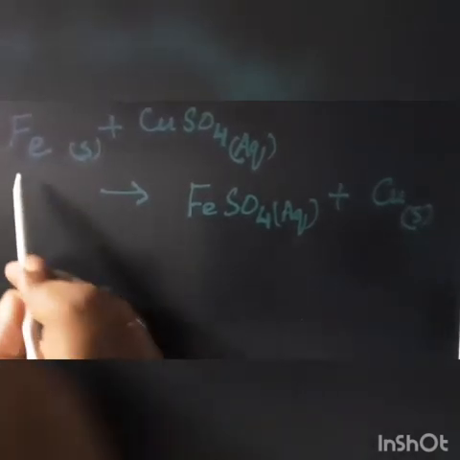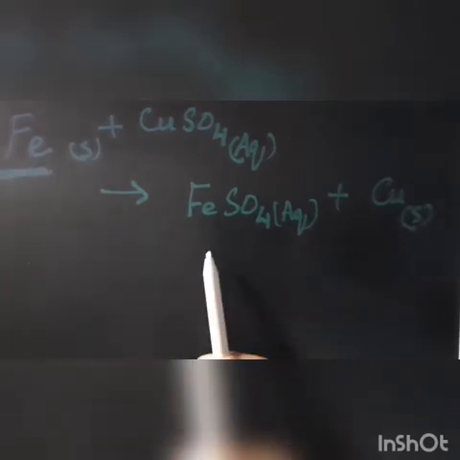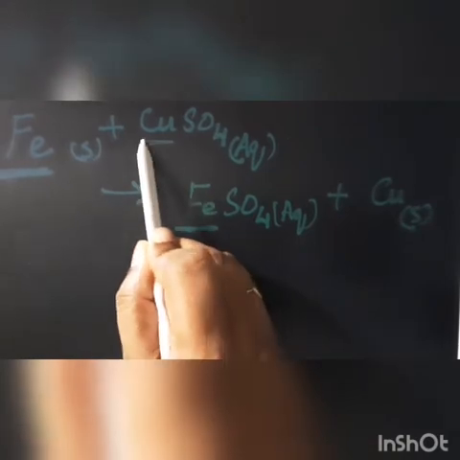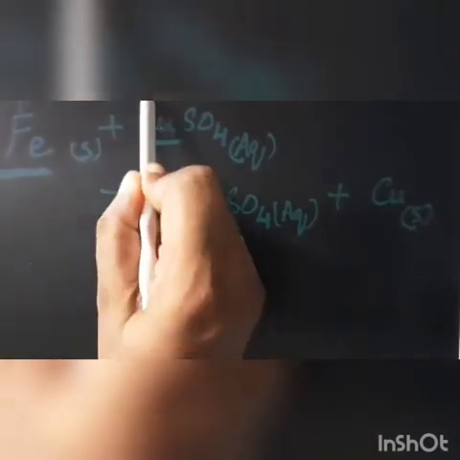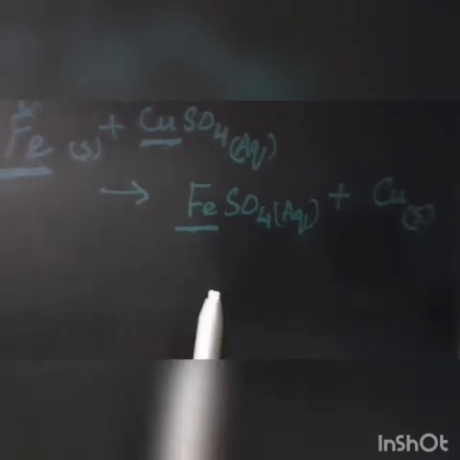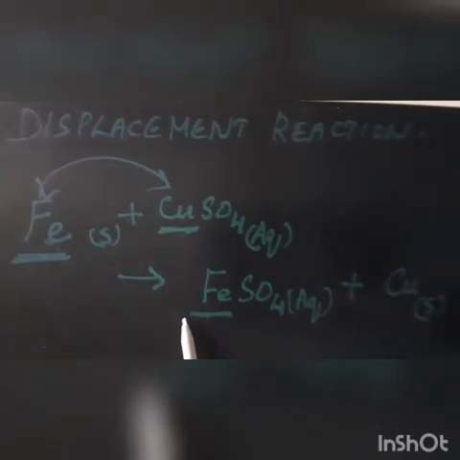Here you can see iron, which was standing alone, now has displaced copper. Now you can see they have exchanged their seat, right? The more reactive element has displaced the less reactive element from the solution. So this is called displacement reaction. Understood?